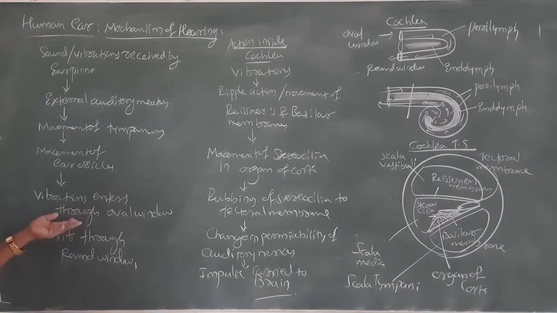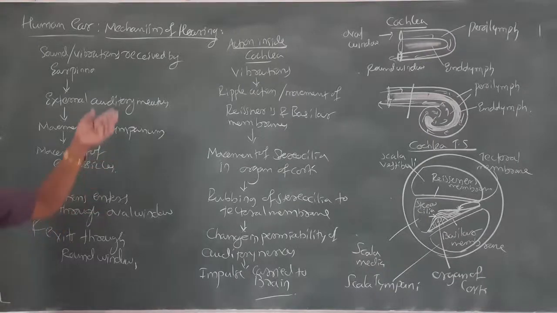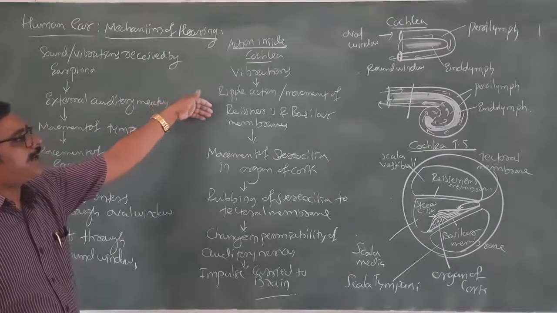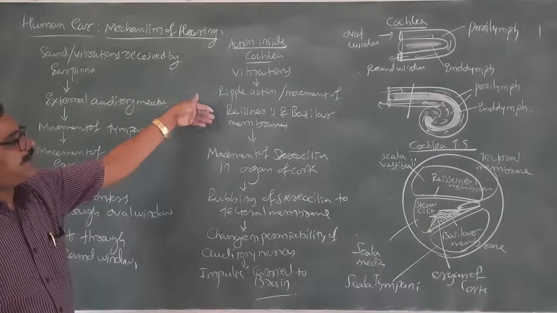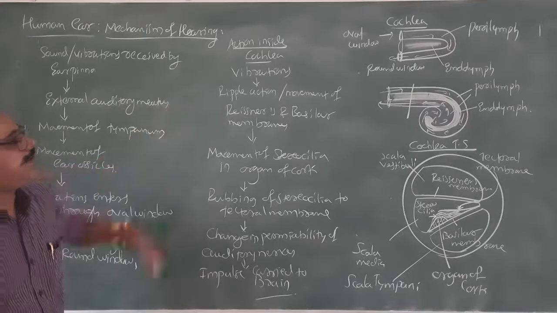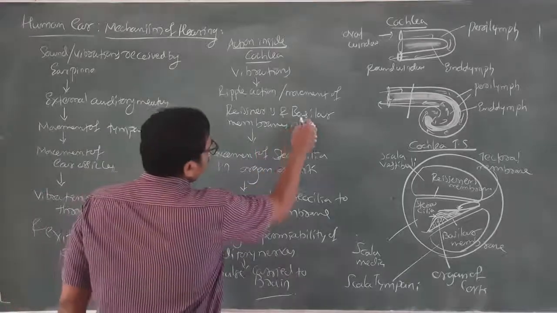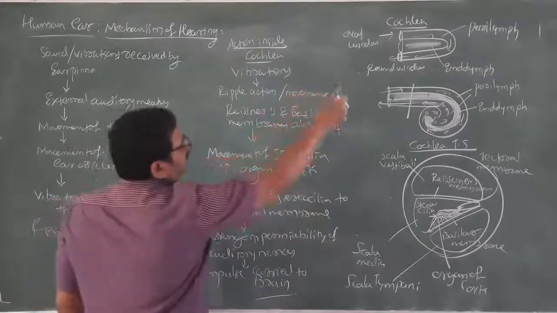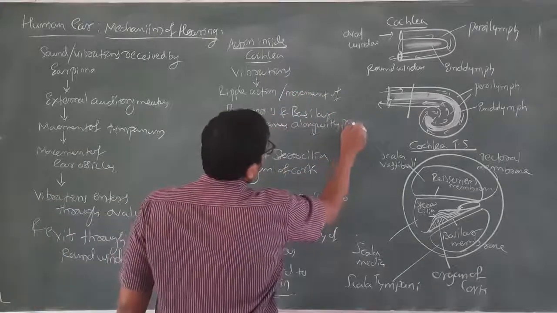So inside the cochlea, what do we find? There is endolymph and perilymph movement also. The vibrations cause ripple action of the movement of the Reissner's and basilar membrane, along with perilymph and endolymph.